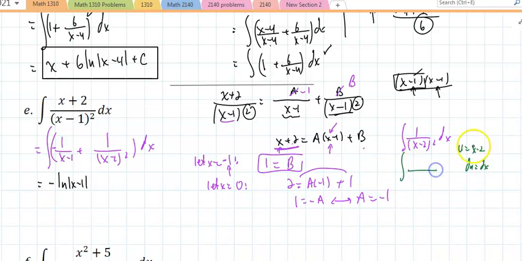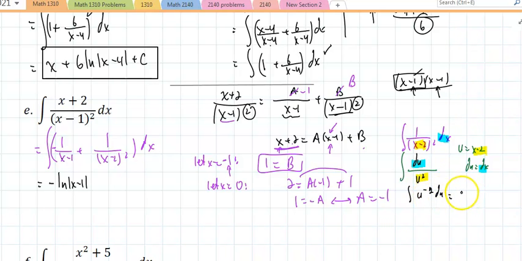So this is the integral of, this is my u, and this is my du. Isn't that the integral of u to the negative 2 du? Look at that, I'm already thinking of the answer.